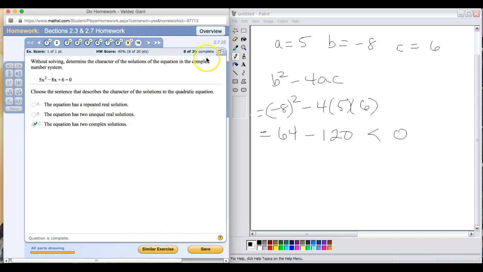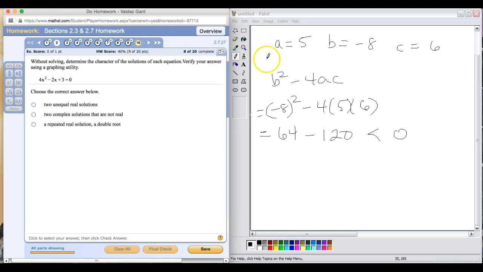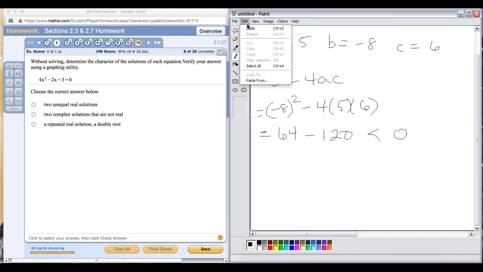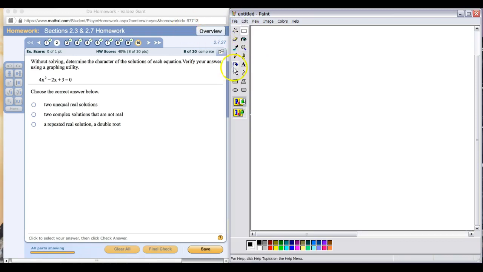We'll go ahead and move on to number 10 now. For number 10, we'll try the same thing. Our a is 4, our b is -2, our c is 3.